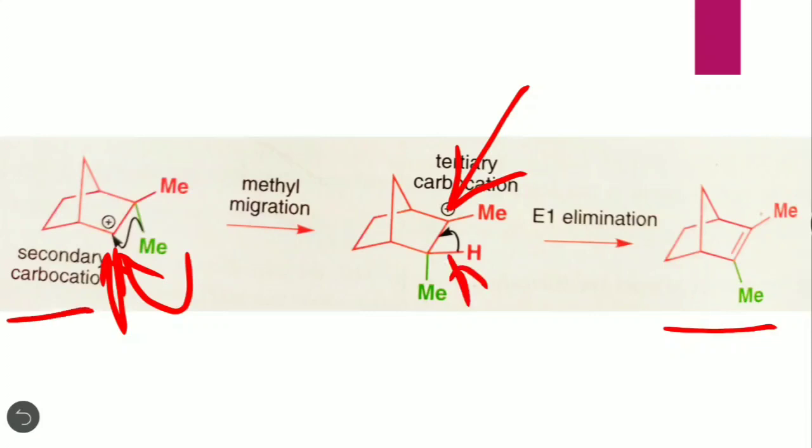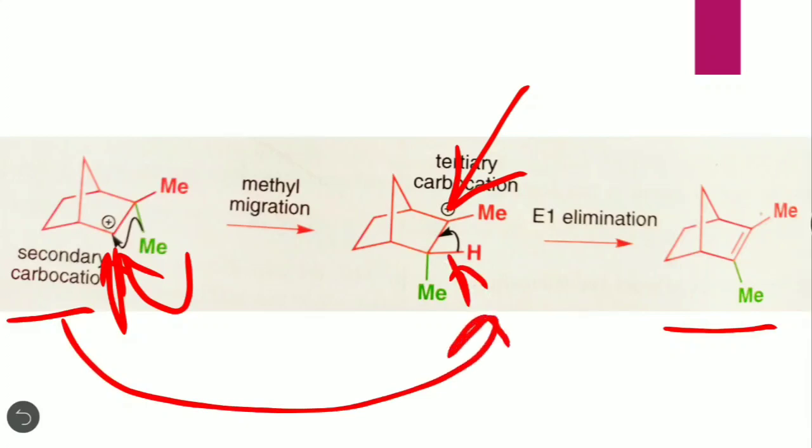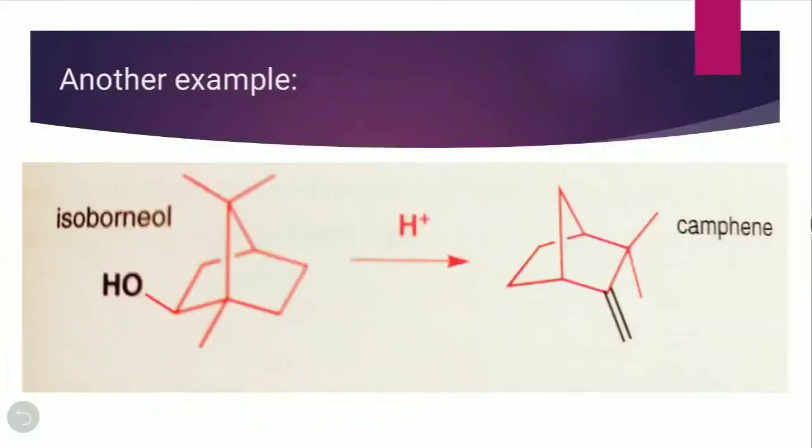From a secondary carbocation, a tertiary cation is formed, which is more stable, because we have studied in the stability of carbocations that tertiary carbocation is more stable than secondary, and secondary is more stable than primary. So the migration of the methyl group both stabilizes the cation as it becomes tertiary instead of secondary, and also allows the elimination to give a stable alkene.